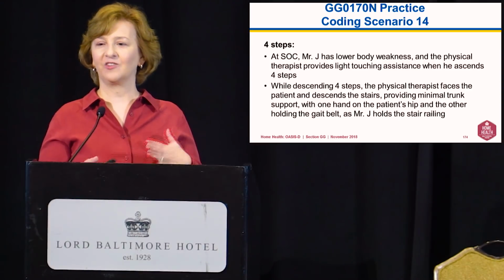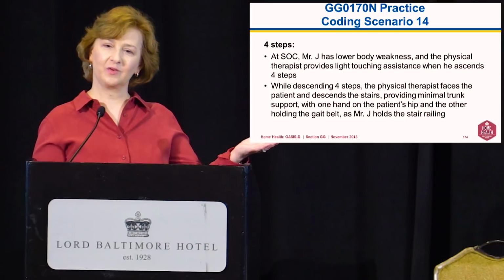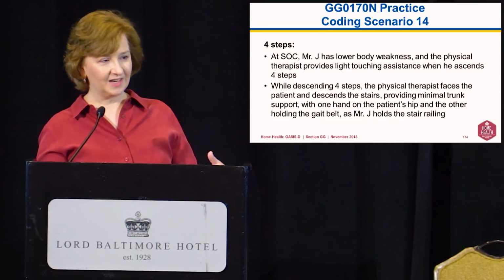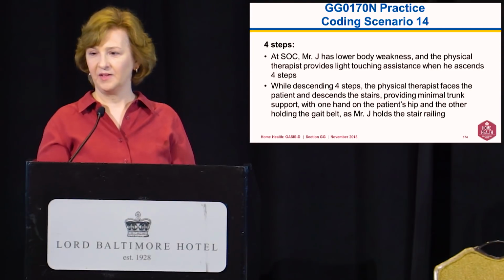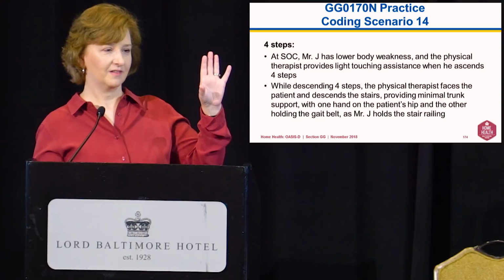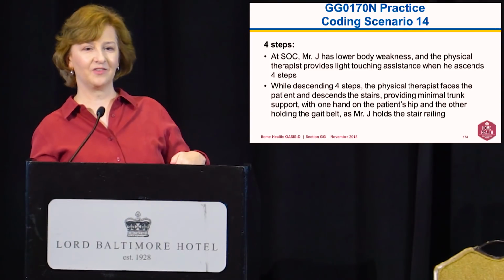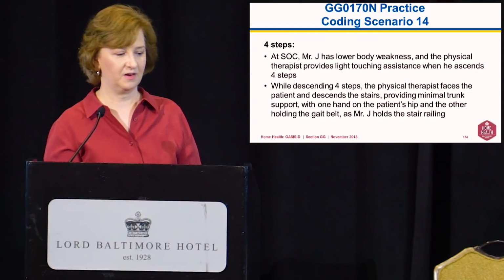We did say to take the usual performance in the event that it's happening equally. So in this example, going up, going down, it happens equally. You can take the more dependent episode. So in this particular example, going up the stairs, he needs less help than going down the stairs, so you would code based on the assistance needed to go down the stairs.